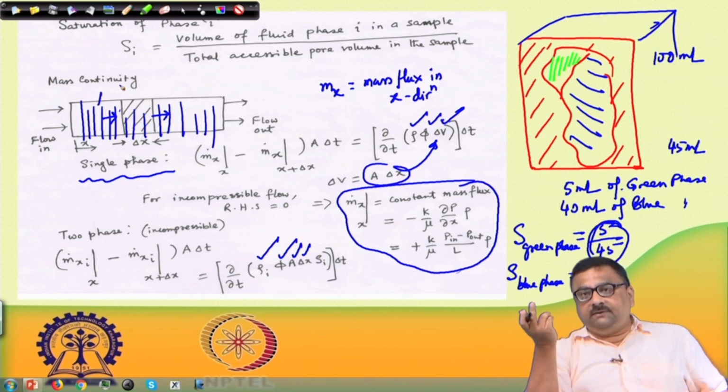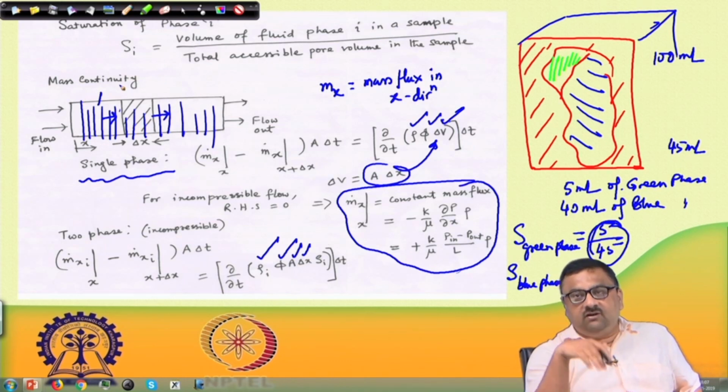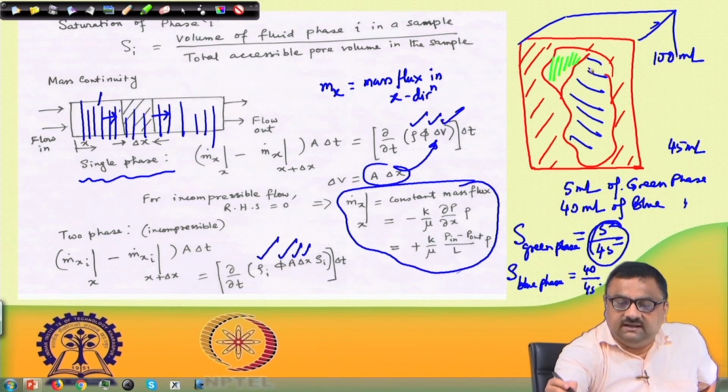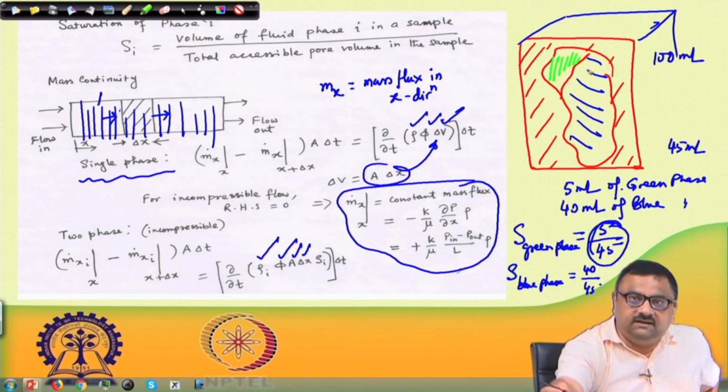That can very well happen, and for that you do not need a compressible system. It could very well be incompressible, and still there could be readjustment. Some places the green part will be more and the blue part less, and in some void space downstream it could be the reverse.